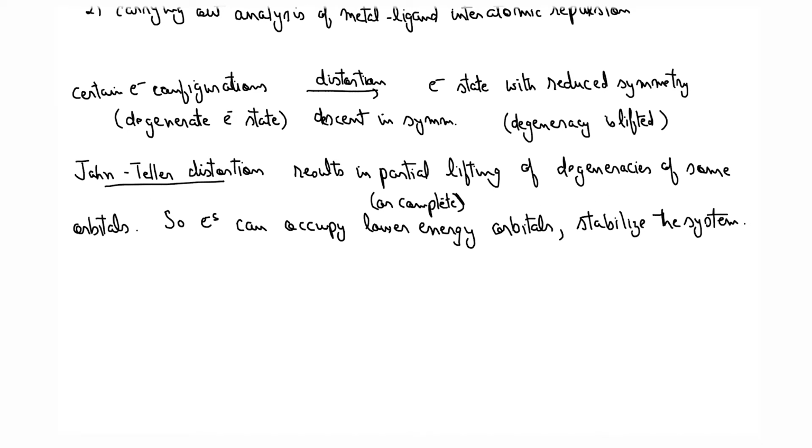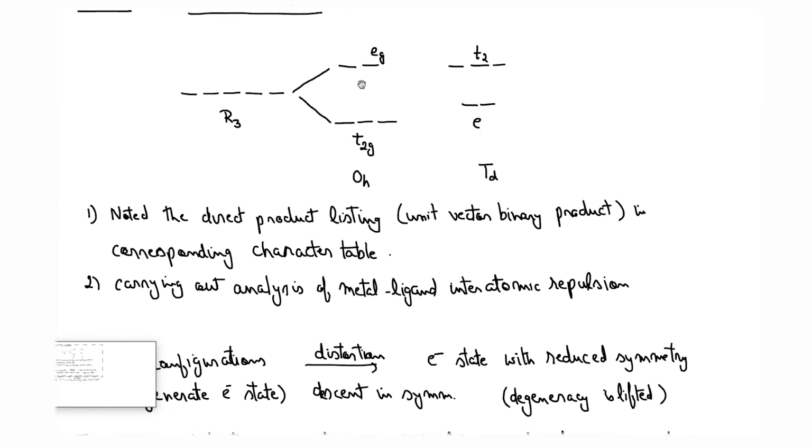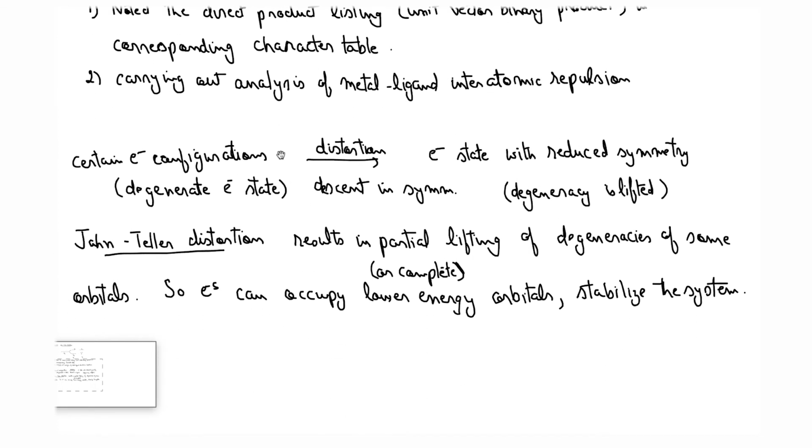So this, you can also see, is not a Jahn-Teller distortion, but again there is a descent in symmetry. So earlier electrons were occupying this state, and now they occupy T2g and Eg. So some of the electrons will occupy a lower energy state. So the overall energy as compared to R3 will be lower in case of octahedral, right? So when you go descent in symmetry, you are actually lowering the energy of the system, thereby stabilizing the system.